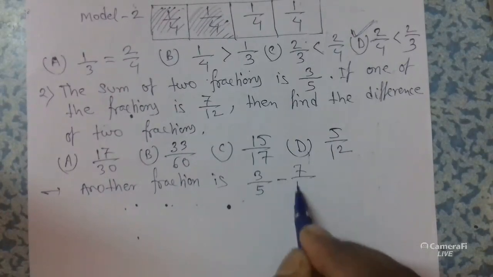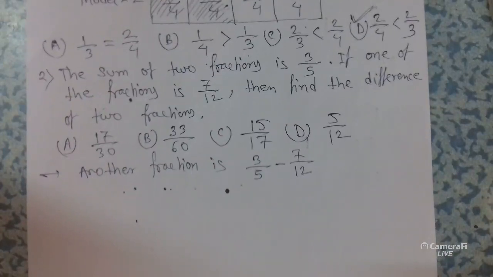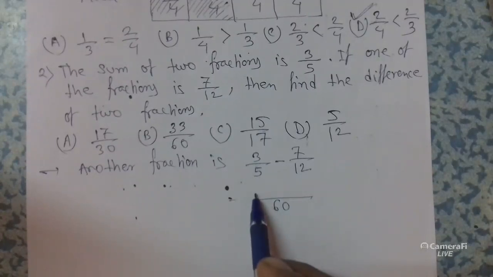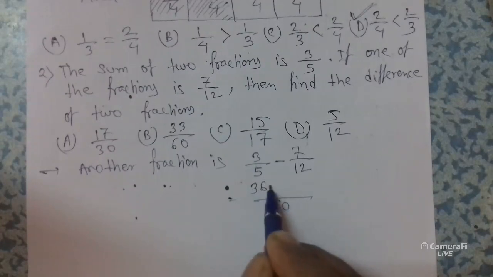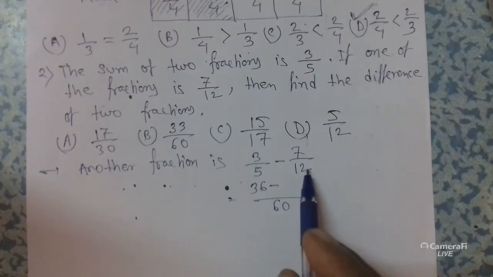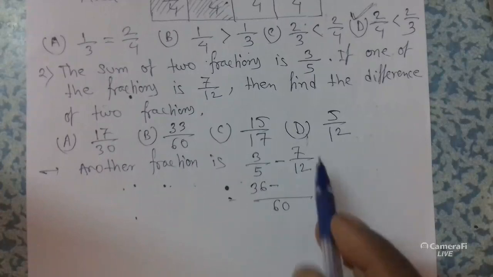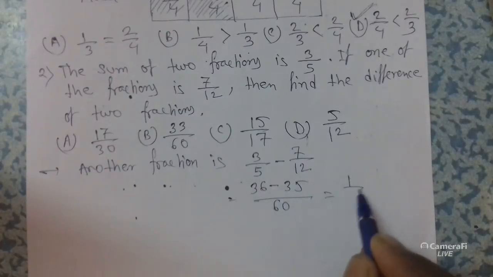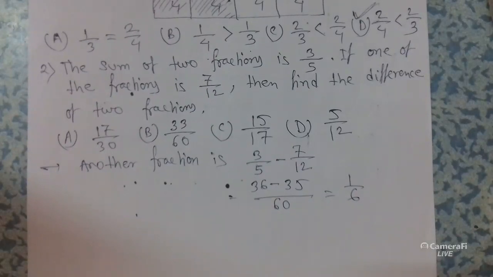Now calculate it. 60 divided by 5 is 12 and 12 into 3 is 36, minus 60 divided by 12 is 5 and 5 multiplied by 7 is 35. So 1 by 60. So another fraction is 1 by 60.